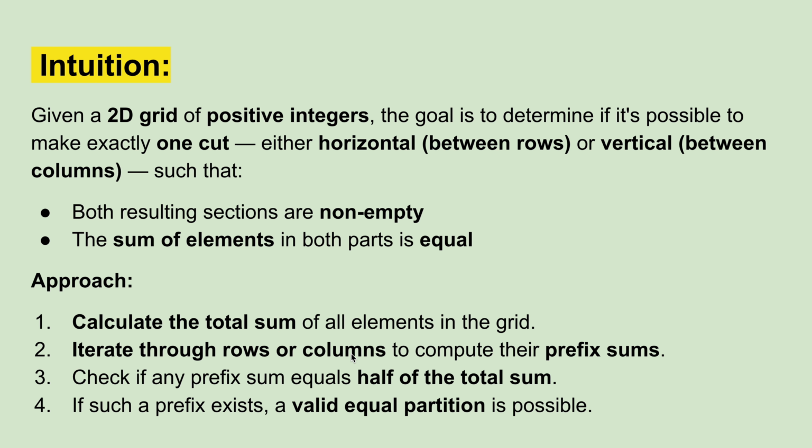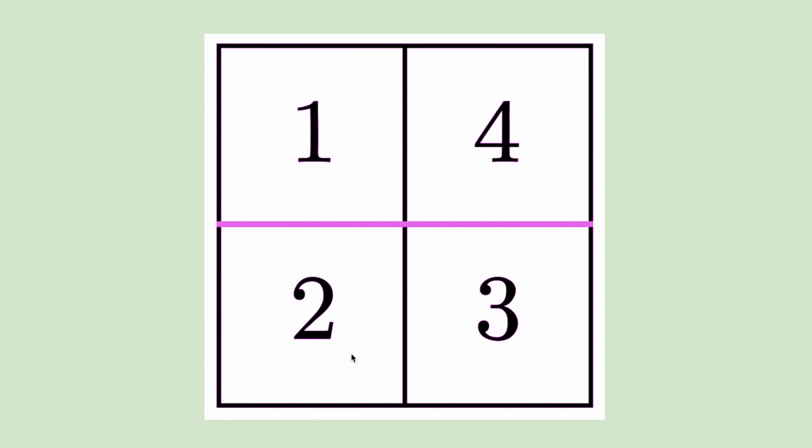We can scan row by row. For the previous example, if you do the sum, 1 plus 4 is what? 5. 5 and 2 is 7. 7 and 3 is 10. It means we can split it evenly.